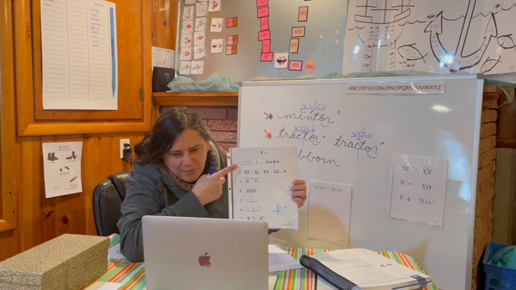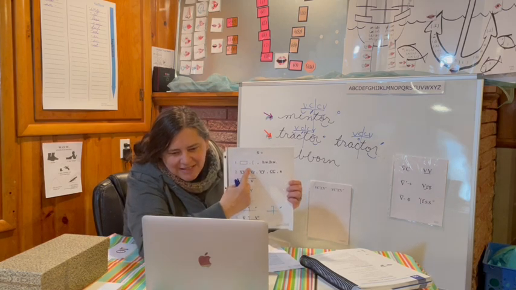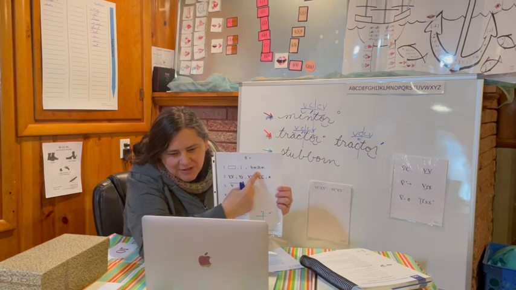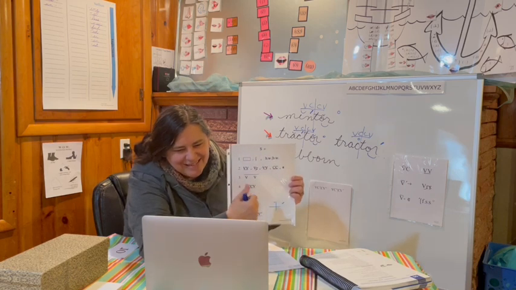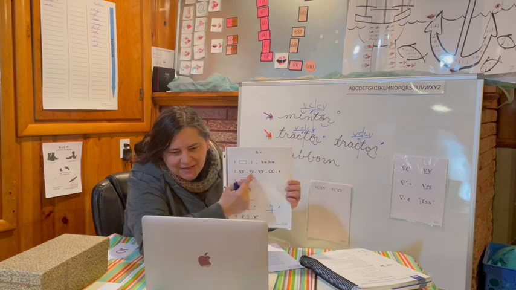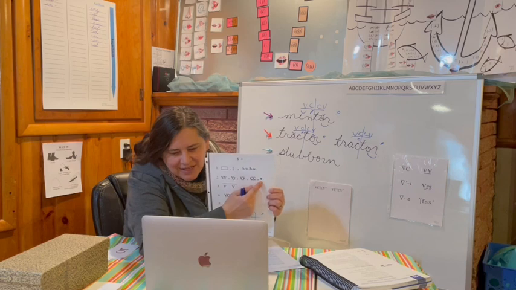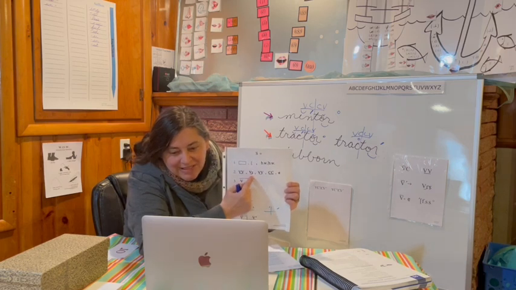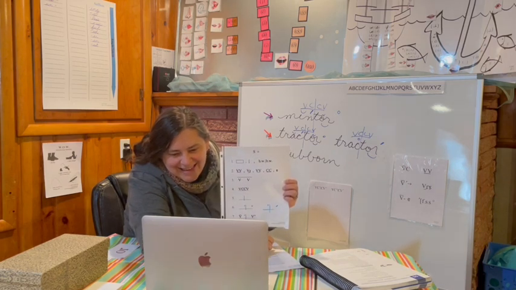Okay. Step one tells us to look for any suffixes, final stable syllables, or compound words. Nope. Okay, step two. Do you see any vowel digraphs? Vowel combinations, consonant digraphs, silent E. Do you see one of those? Yeah. Okay.